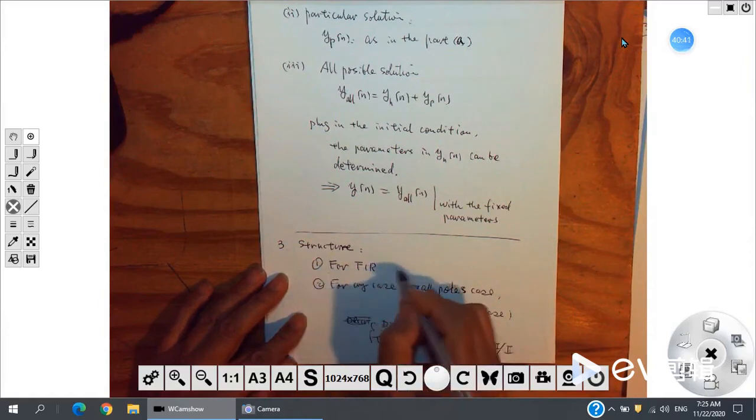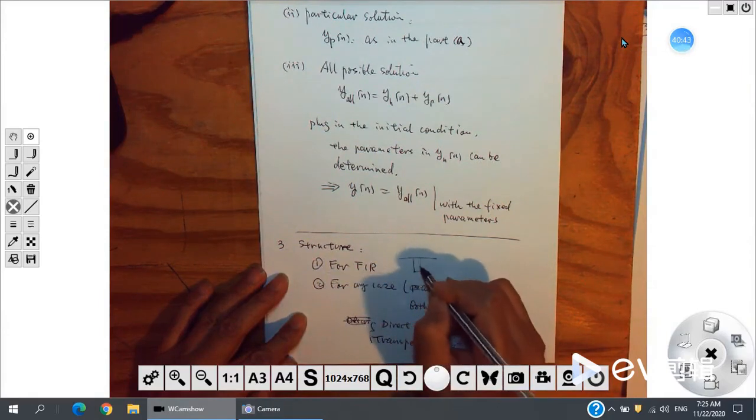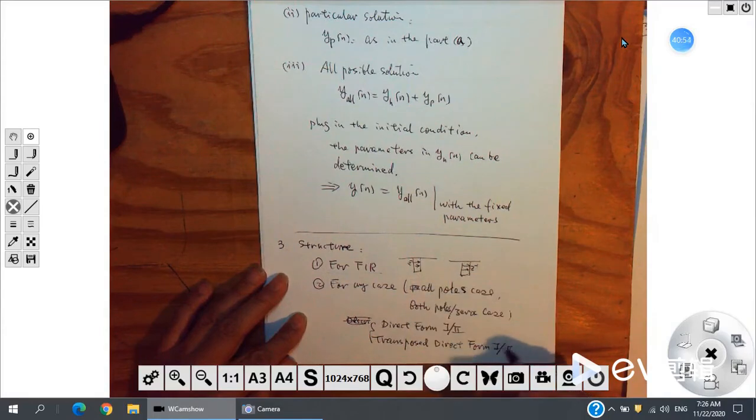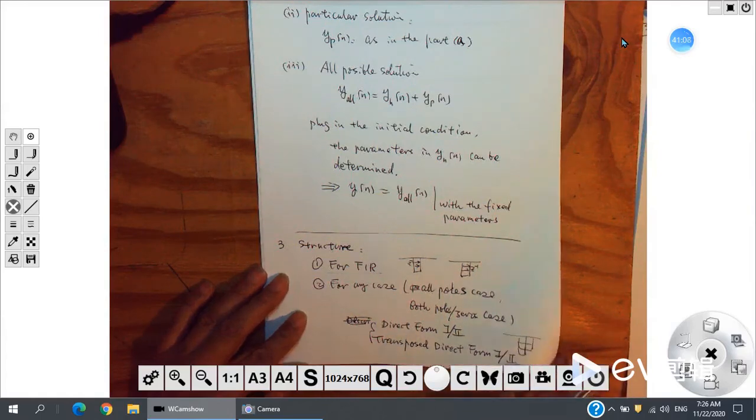FIR is just one case. I still have two cases. You can put the Z delay here or Z delay on this side. Right? And this one looks like this. But the direction of the arrows and the location of the delays and the parameters are different. We have 4 different forms. Right? This is structure.